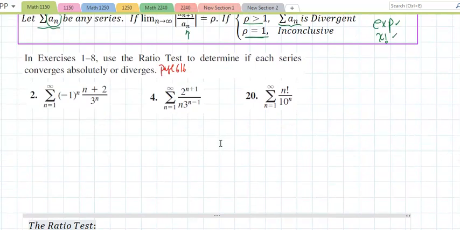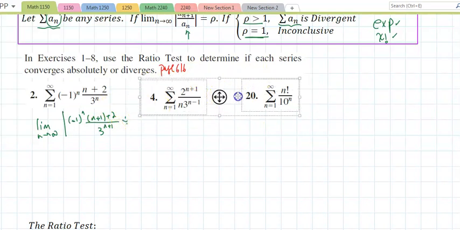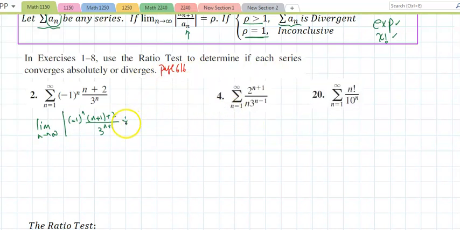Well, I'll take on number 2, page 616, the limit as n approaches infinity of a sub n plus 1. Wherever you see an n, you put an n plus 1. Divided by a sub n. And a sub n is literally what you see. So divided by negative 1 to the n, n plus 2 over 3 to the n.